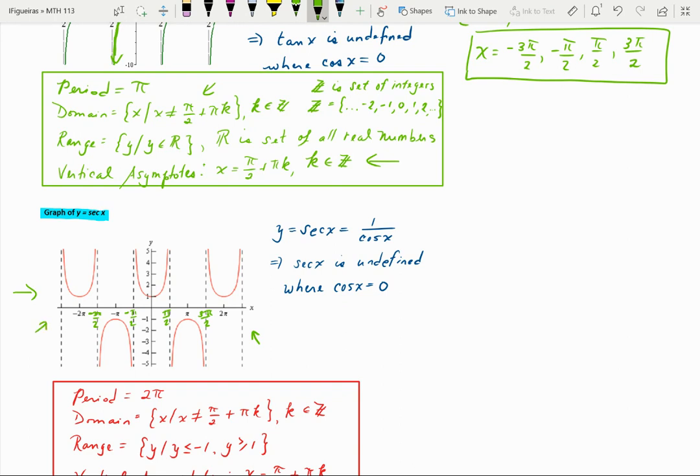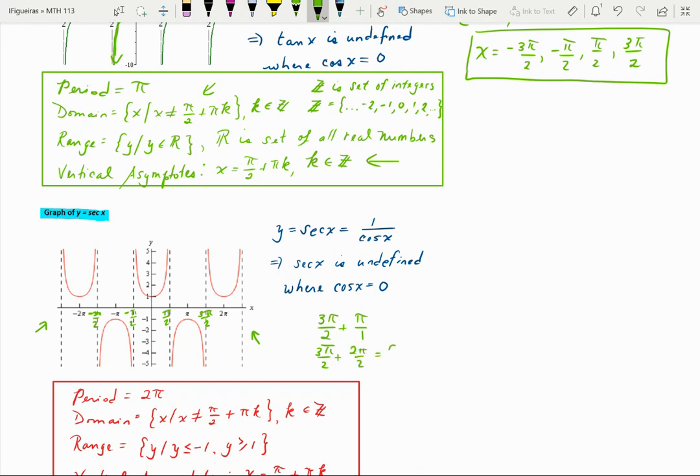All right, so let's talk about the one all the way to the right first. In between each asymptote, there are pi units. So from pi over 2 to 3 pi over 2, pi units have elapsed. So if I take 3 pi over 2 and add pi to it, I can't add them unless I have a common denominator. So that'll be 3 pi over 2 plus 2 pi over 2.